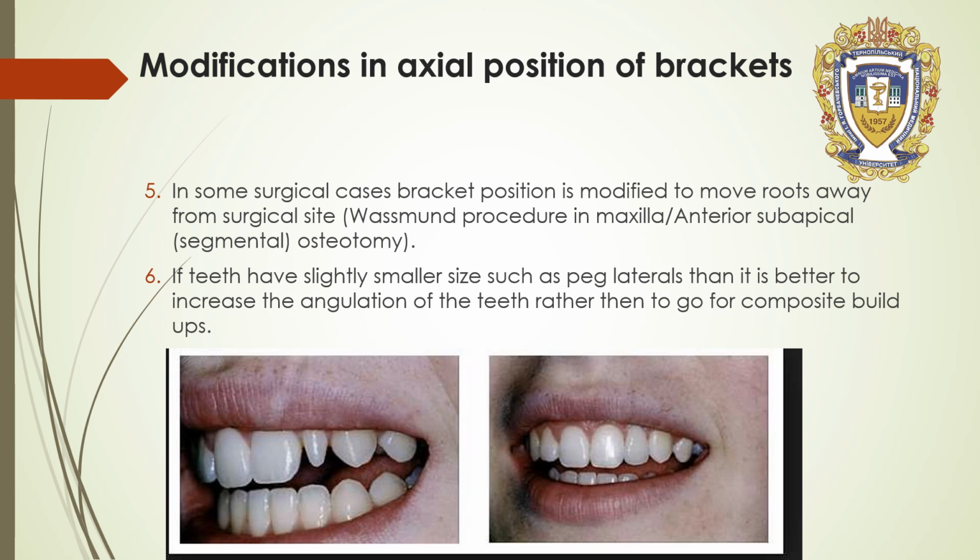For example, in case of Wassmund procedure in maxilla, also called anterior subapical or segmental osteotomy. And if teeth have slightly smaller size, such as peg laterals, then it is better to increase the angulation of the teeth rather than to go for composite build-ups.